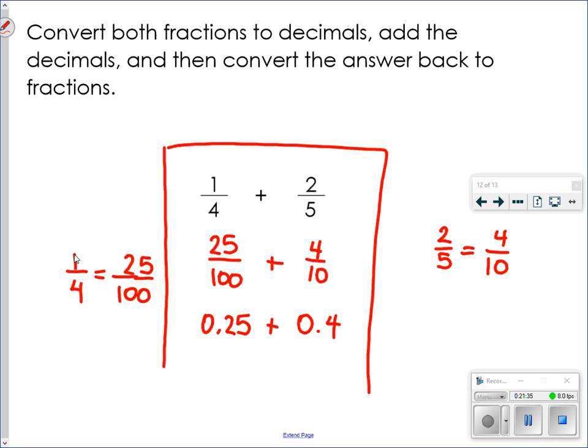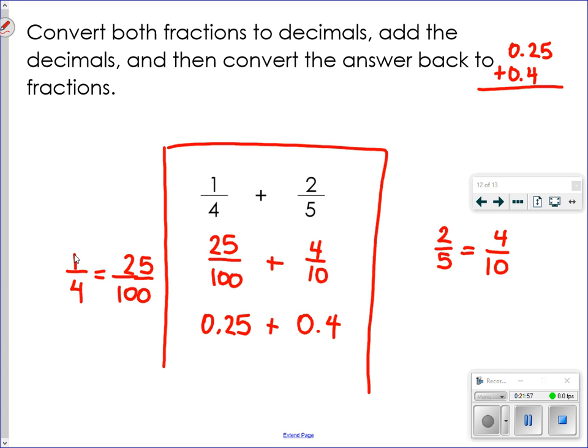0.25 plus 0.4, I can do that horizontally like this, or I can stack that up if it's easier to do it this way. The thing I have to remember about decimals is when you're adding, remember to line up your decimals, and when you do that, everything else will be lined up. Tenths with tenths, ones with ones, hundredths with hundredths.